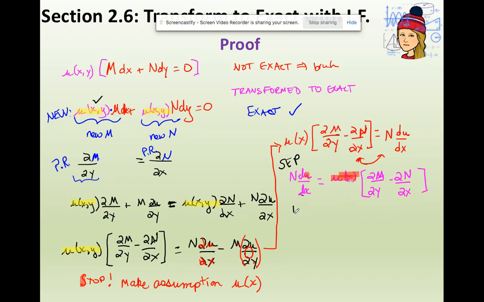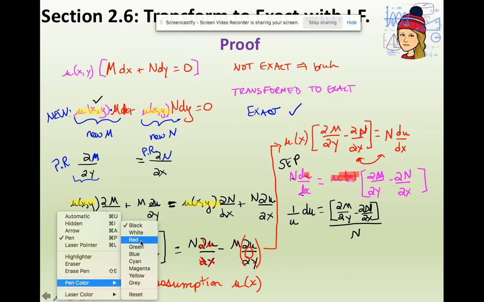So I'm going to have 1 over u of x. I'm going to drop the x here just for du, is equal to, I'm going to get the N over here, and now I'm going to anti-differentiate both sides.